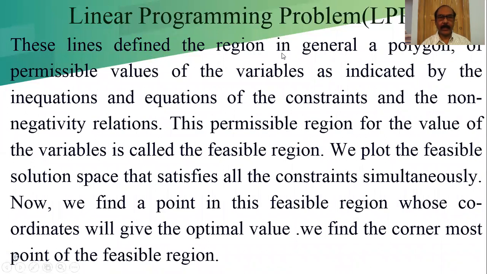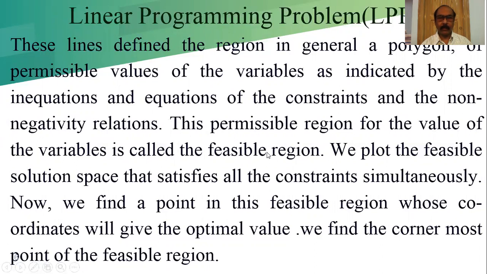These lines define the region, in general a polygon, of the permissible values of the variables as indicated by the inequations and equations of the constraints and the non-negativity relations. The permissible region of the values of the variables is called the feasible region.